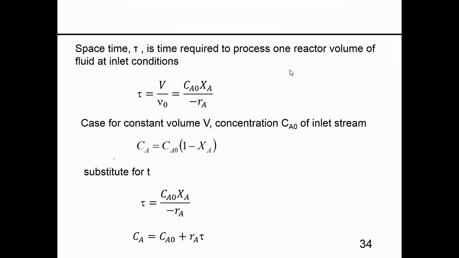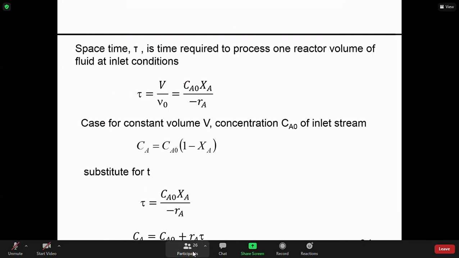So in relation to the space-time, the time required to process one reactor volume of fluid at inlet conditions, we know that space-time is volume over V naught. And then we rearrange with this, we get this.